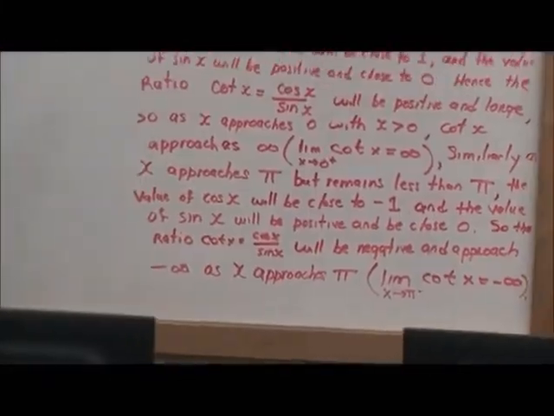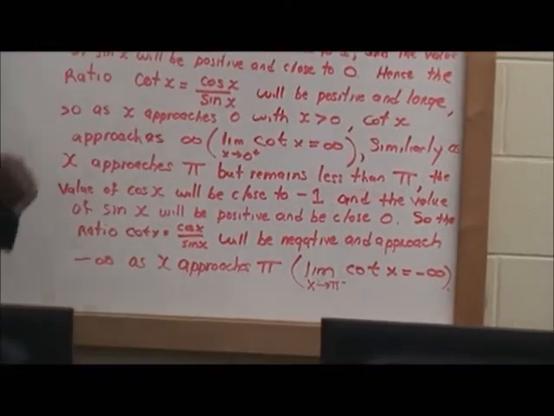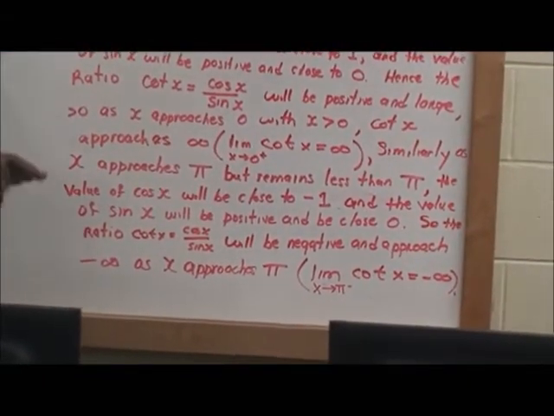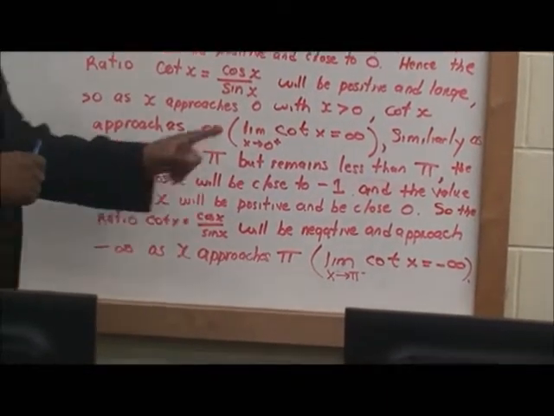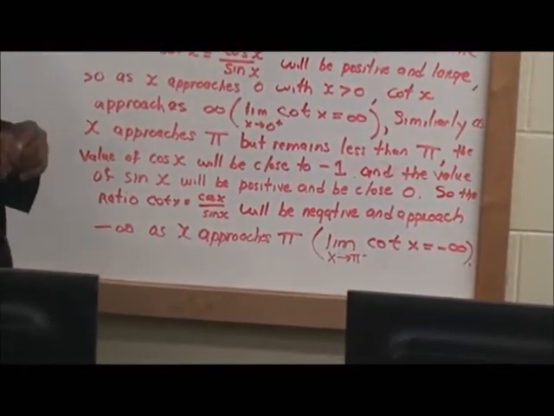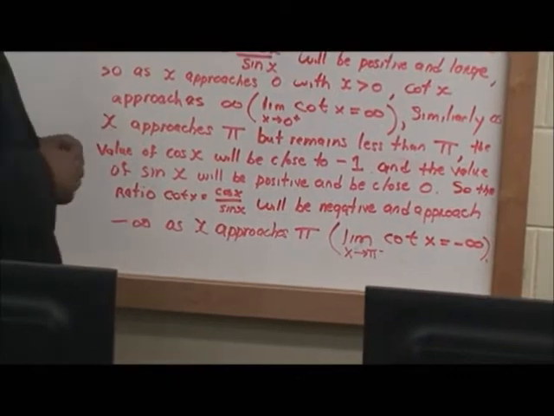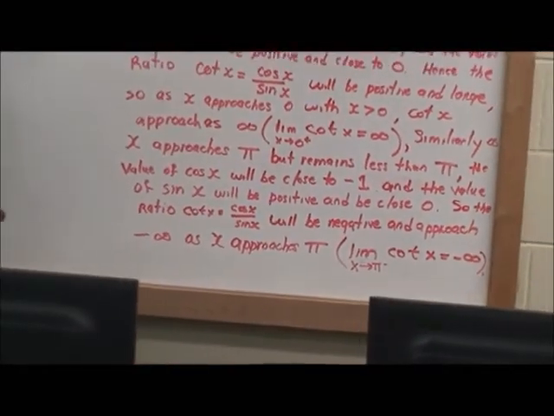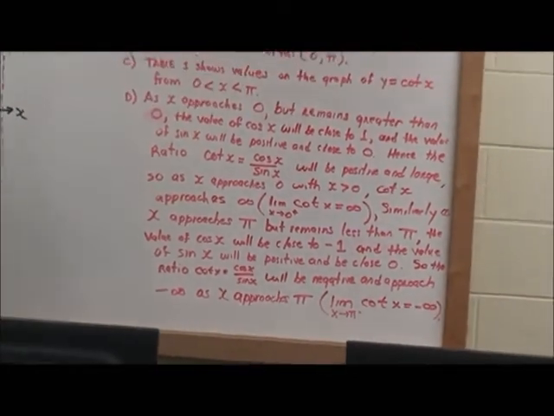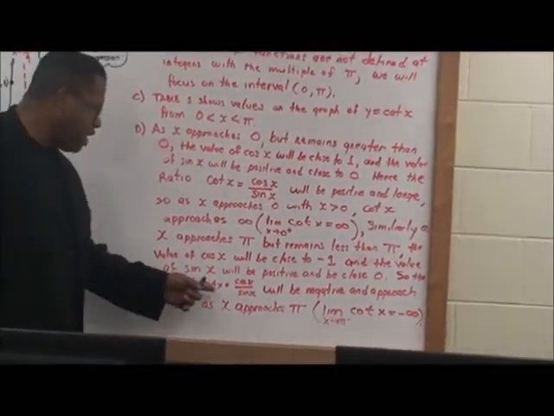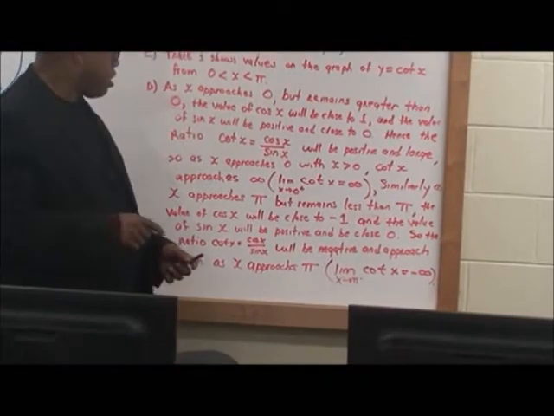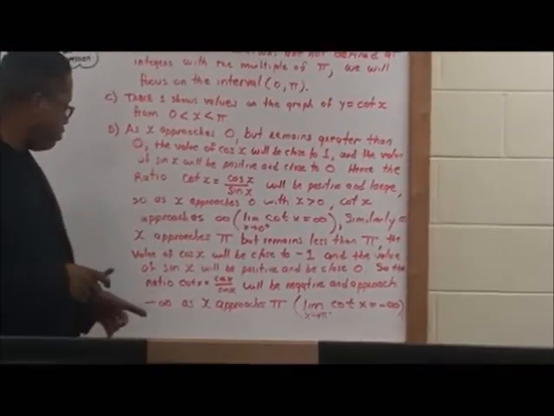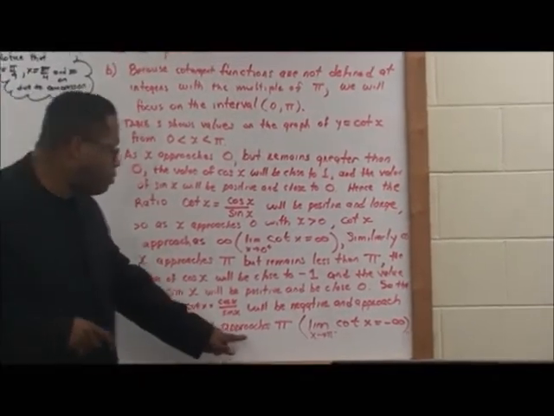positive infinity. Similarly, as x approaches pi but remains less than pi, the value of cosine x will be close to -1, and the value of sine x will be positive and close to 0. So the ratio cotangent x equals cosine x over sine x will be negative and approach negative infinity as x approaches pi.